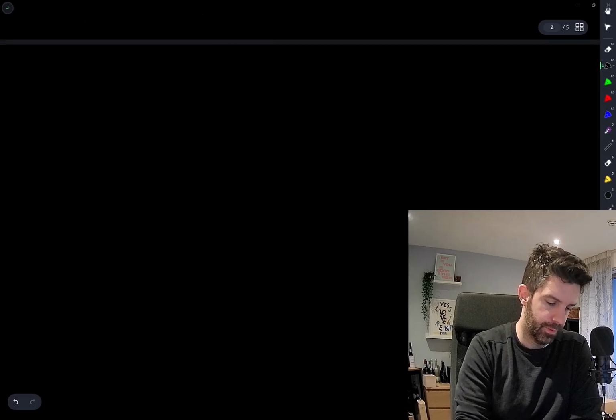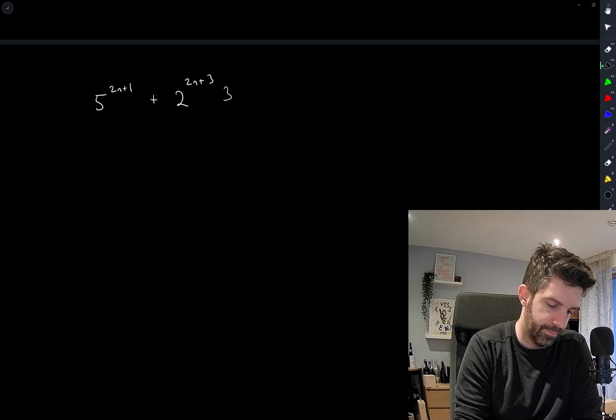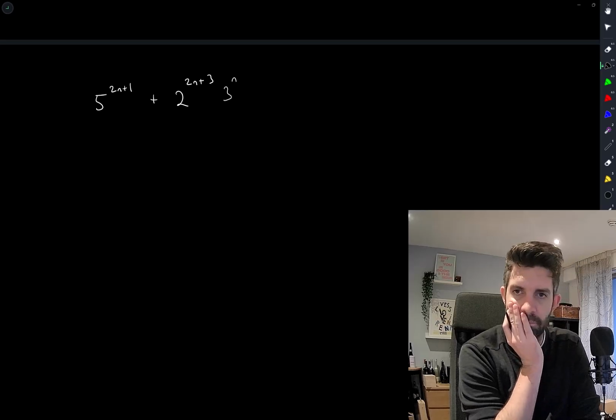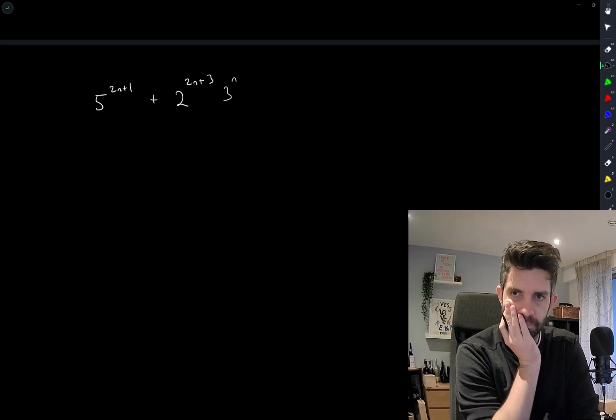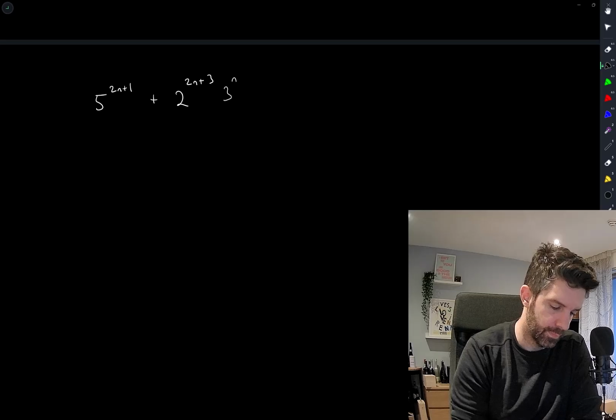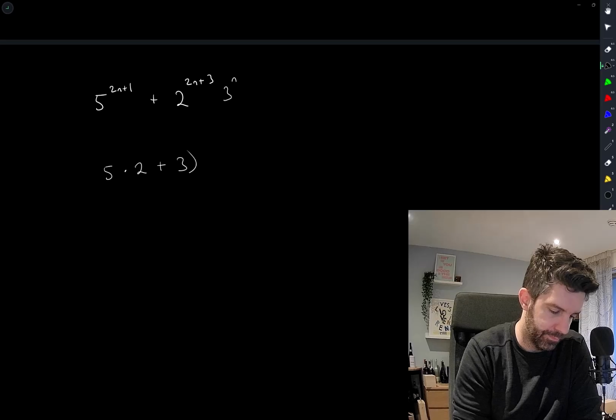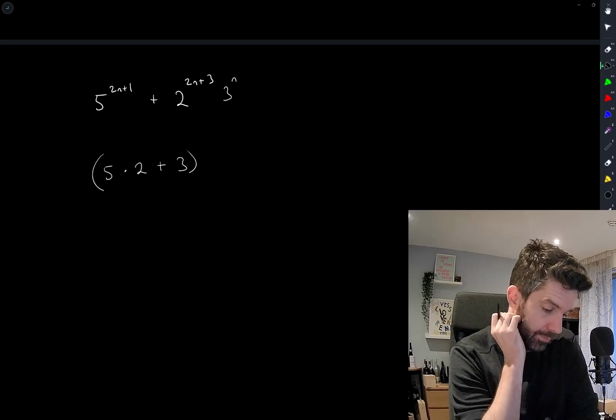So for the numerator, 5 to the 2n plus 1 plus 2 to the 2n plus 3 times 3 to the n, and I want to write this as 5 times 2 plus 3 times something.